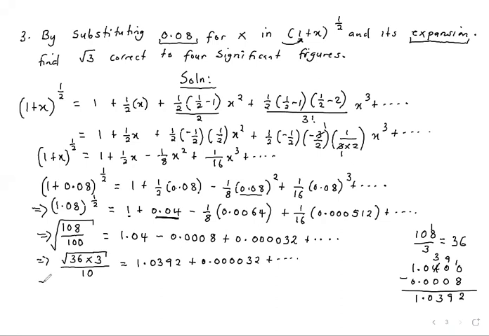The square root of 36 is 6 by root 3. As we add these two numbers here, you get 1.039232. And then multiply by 10.